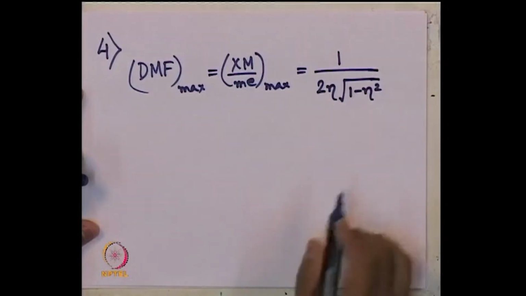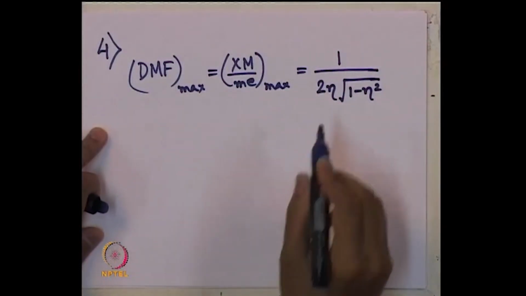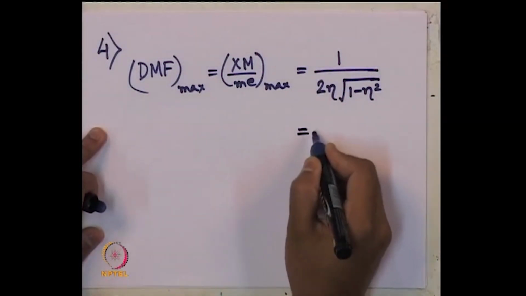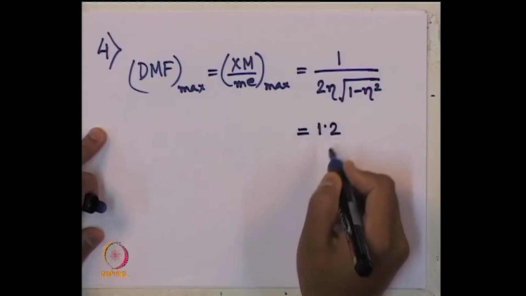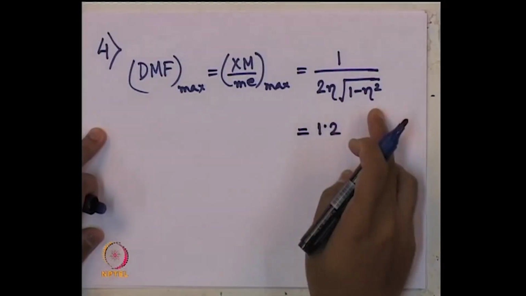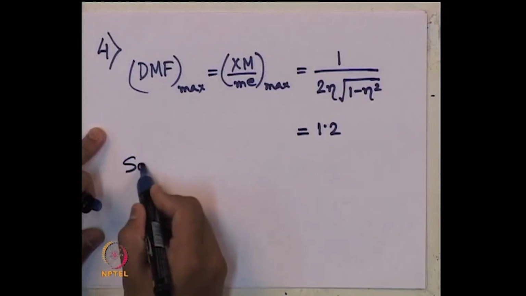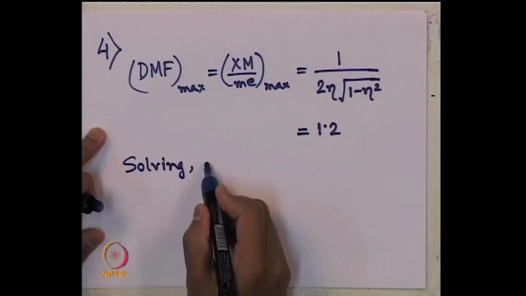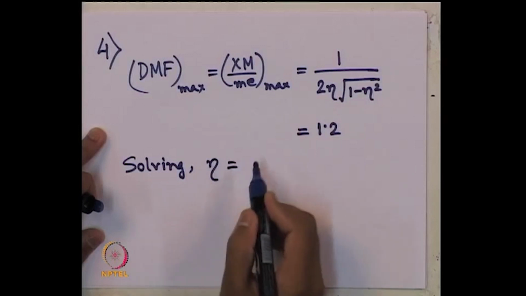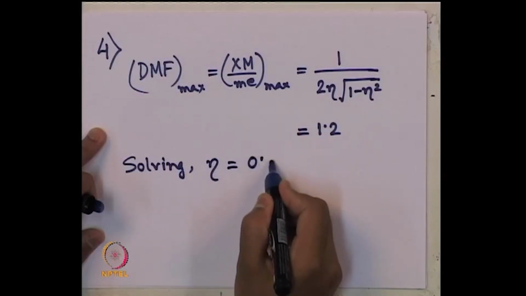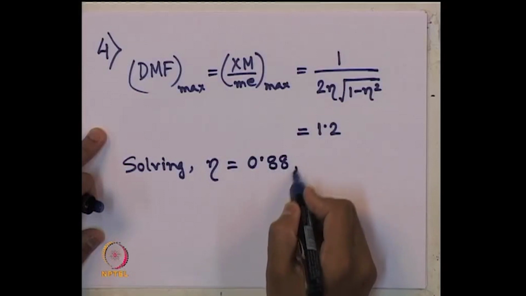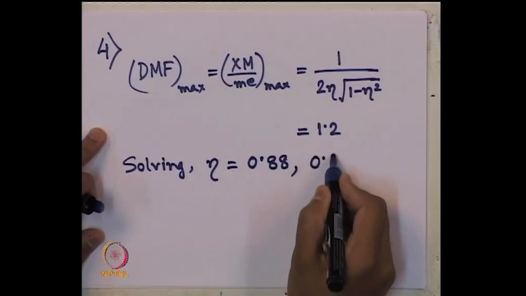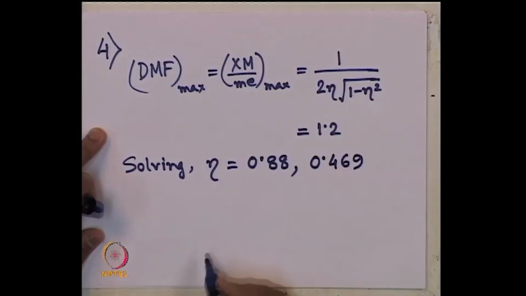We had derived this, we know this one. This value is given to us as 1.2. So, the only unknown is eta. Solving this, we get two values, one is 0.88 and another is 0.469, and imaginary values are not considered.